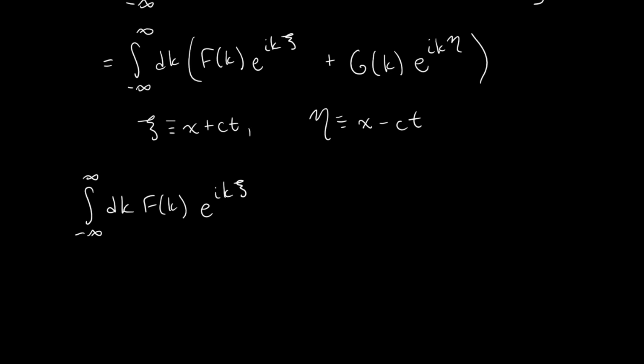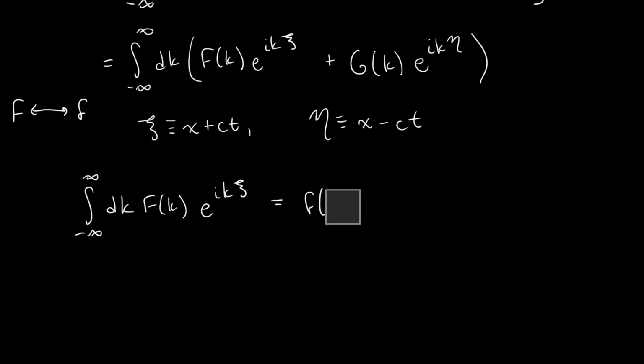So say f and little f are Fourier transform pairs, then I know that this is just going to be f of psi. That's all there is to this. This is just a Fourier transform, or an inverse Fourier transform, whichever one. And similar for g.